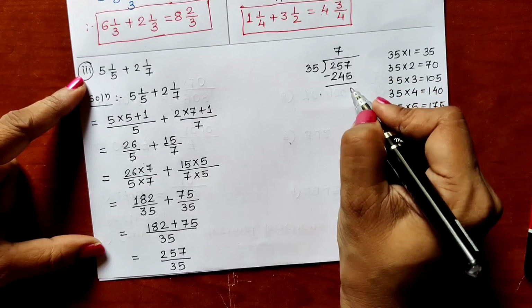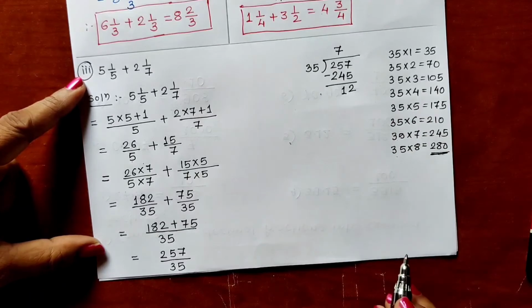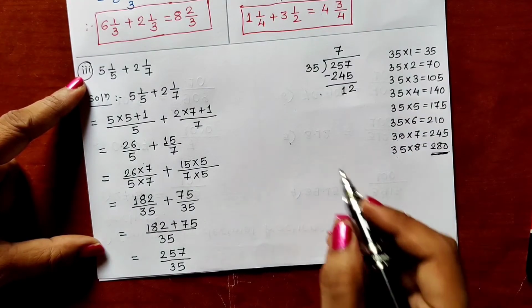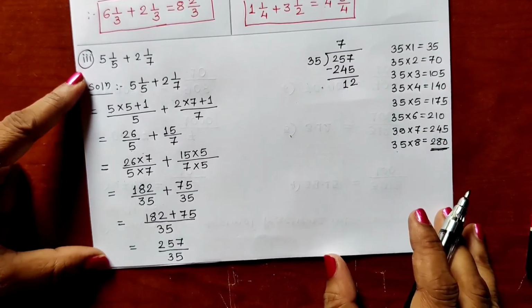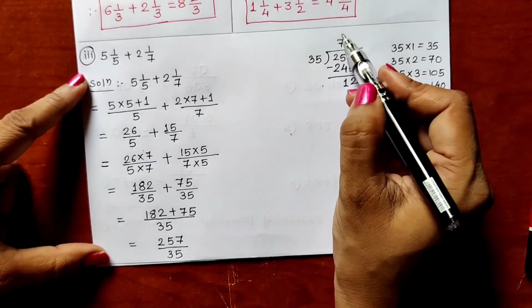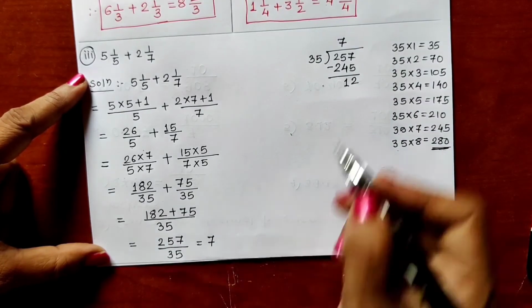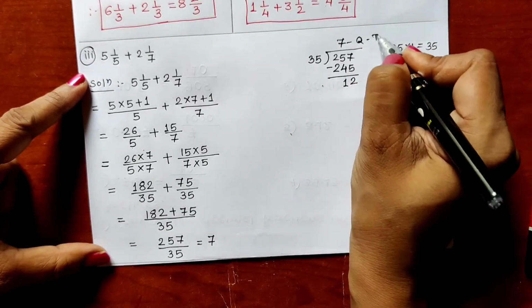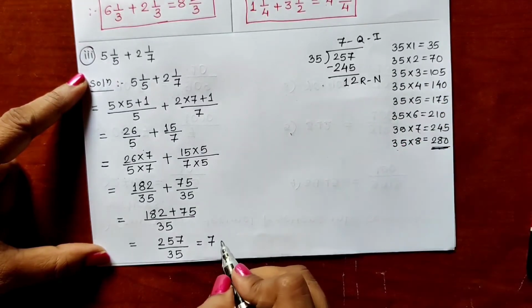7 minus 5 is 2. 5 minus 4 is 1. 2 minus 2 is 0. So we will not write that 0. So how do we have to write the answer now? This quotient 7 is the integer. Remainder 12 is the numerator.